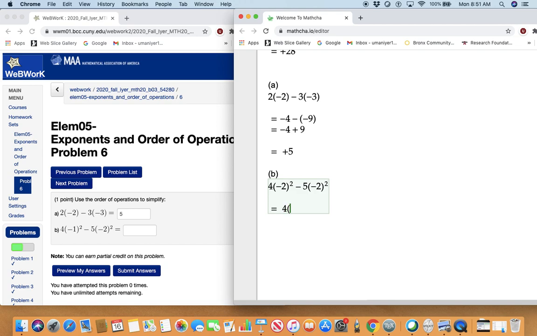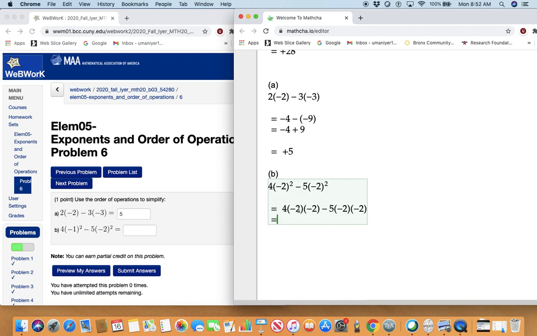So 4 times (negative 2) power 2. So that's negative 2 times negative 2 minus 5 times (negative 2) power 2, negative 2 times negative 2. I hope you notice power is closest to the parentheses. That's why I have to repeat the parentheses. Okay, so this gets me negative 2 times negative 2.